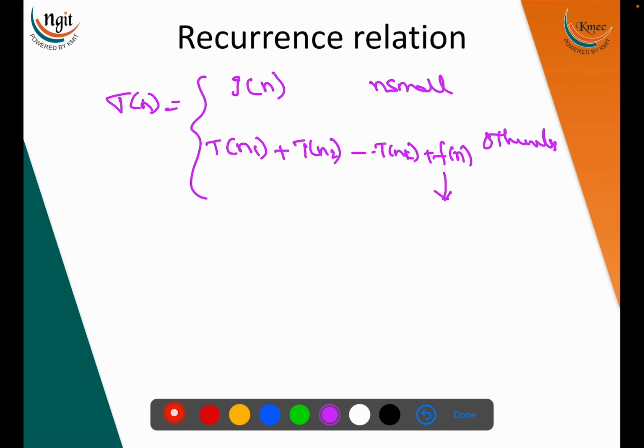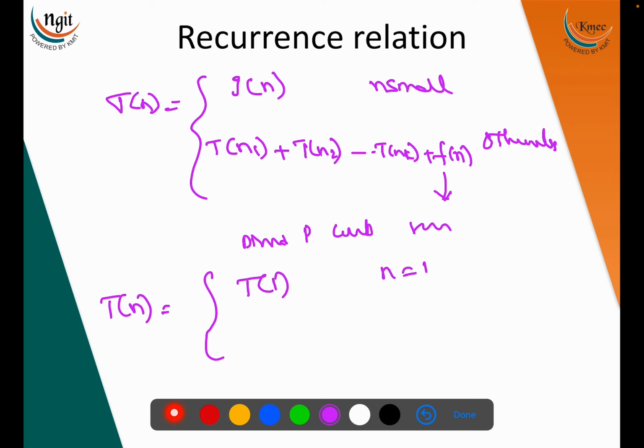It is the time for dividing P and combining the solutions to the subproblems. This is the recurrence relation. The complexity of many divide and conquer algorithms is given by recurrences of the form T of n is equal to T of 1 when n is equal to 1, and if n is greater than 1, a times T of n by b plus f of n, where a and b are known constants.